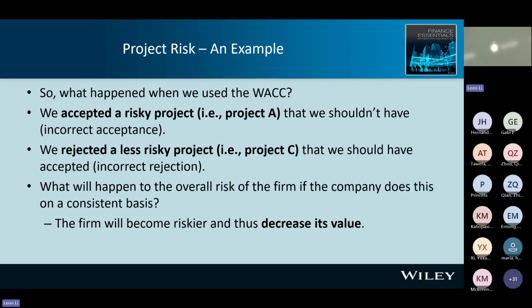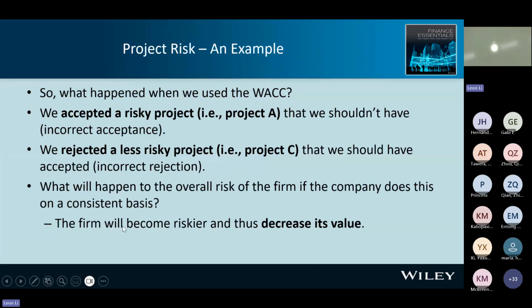So next slide, we give you the summary. What happens when we use the WACC? We accept a risky project, that is project A. It is an incorrect acceptance. And we reject a less risky project, in our example project C. It is an incorrect rejection. So what will happen to the overall risk of the firm if a company does this on a consistent basis, meaning using the WACC for all the projects?